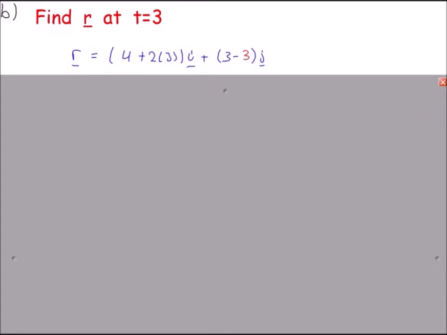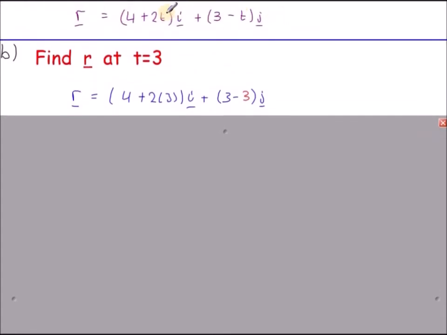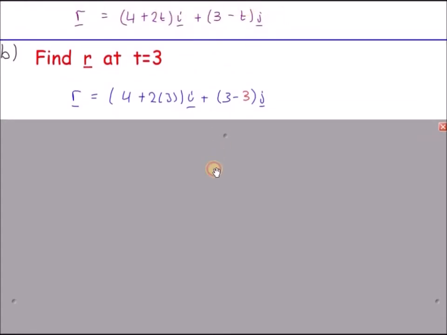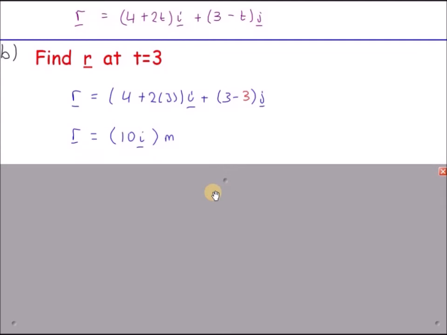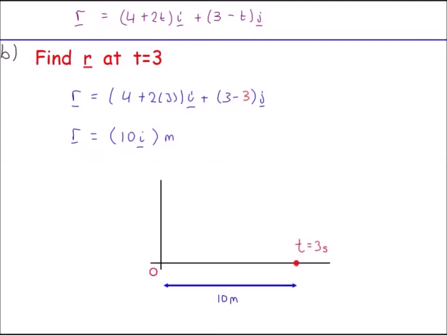That's straightforward enough. We're doing that into our formula here, and we get r is equal to 10i meters. So on a sketch, the particle at 3 seconds would be here, and this is 10 meters away from the origin. There was no vertical component, there's no j component here for the position vector.